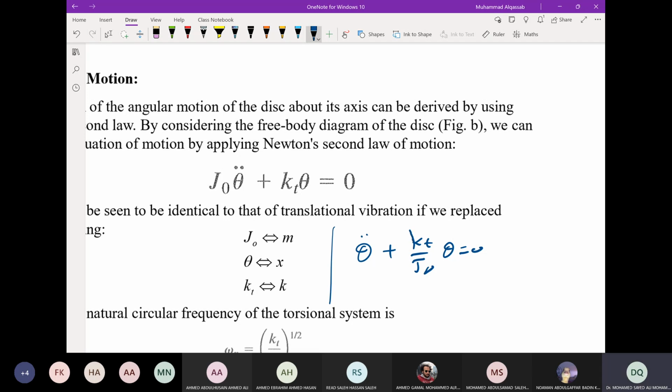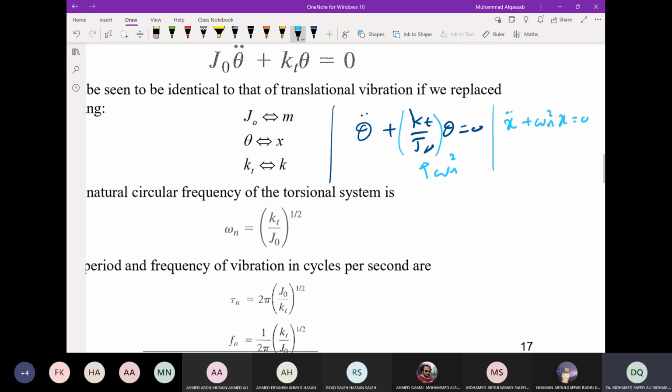The coefficient of theta is omega n squared. Okay, so this is omega n squared. This is analogous to x double dot plus omega n squared x equal to 0. So they are similar.